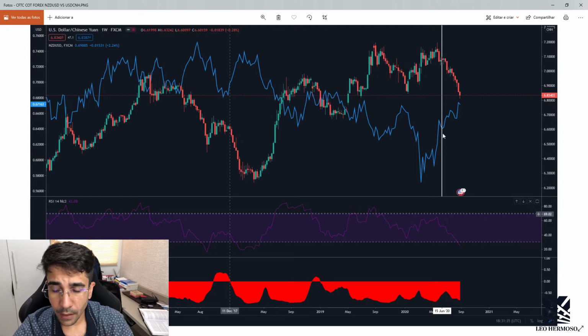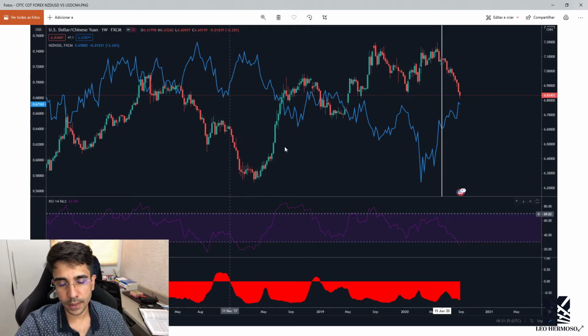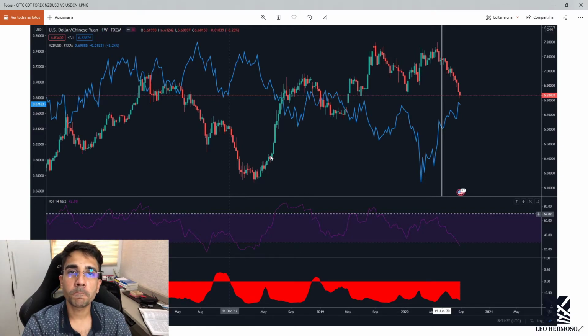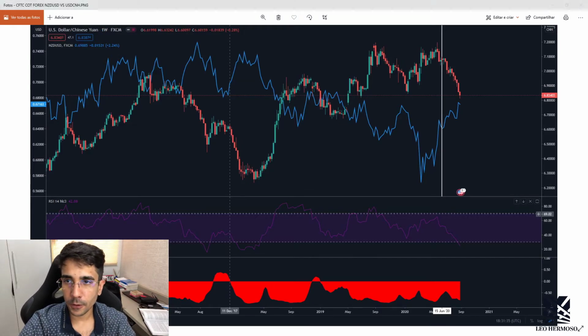So right now I prefer to remain bearish on NZDUSD, and also I think it's naive on my part to look only at the net position, saying that we are starting to see a bullish trend right here. Okay, my friends, so let's take a look at the other one.